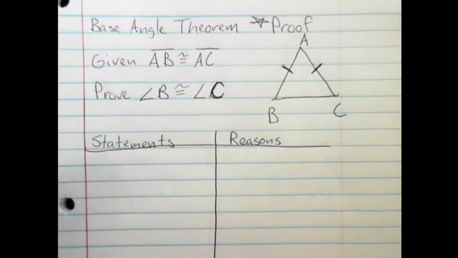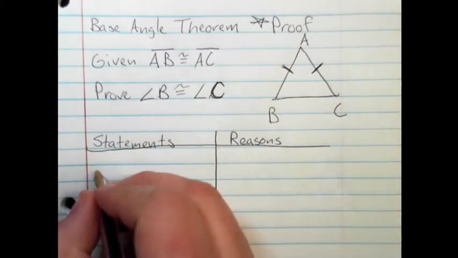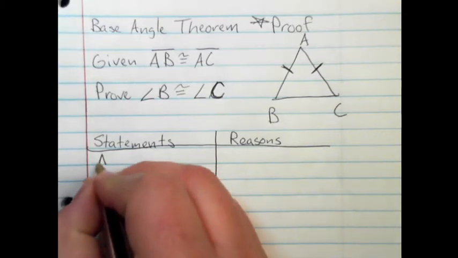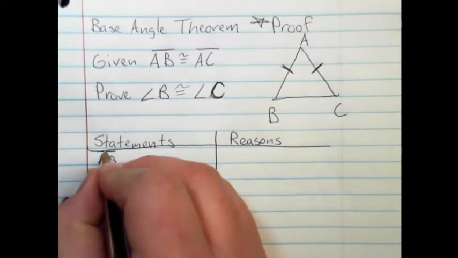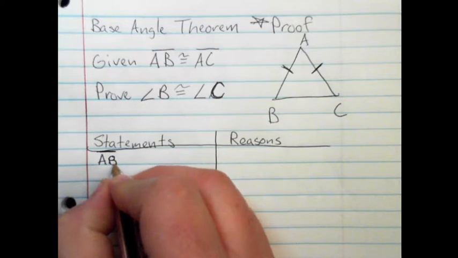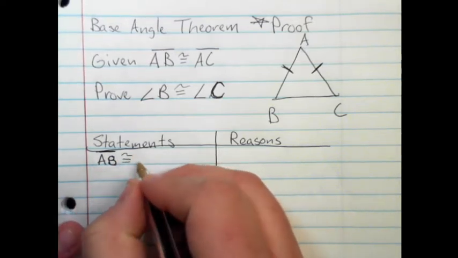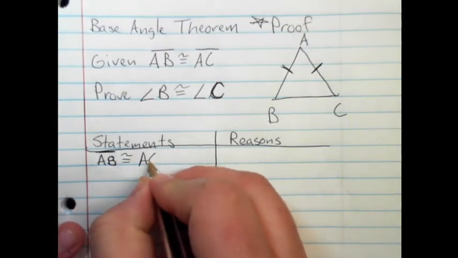And we always start with what was given to us. So what's given to us is that AB is congruent to AC.